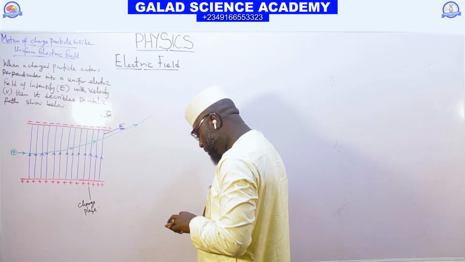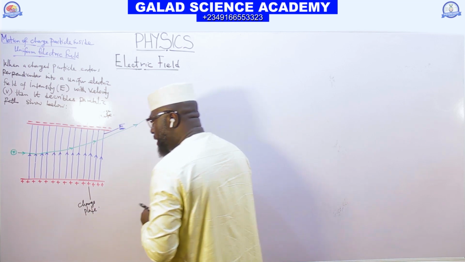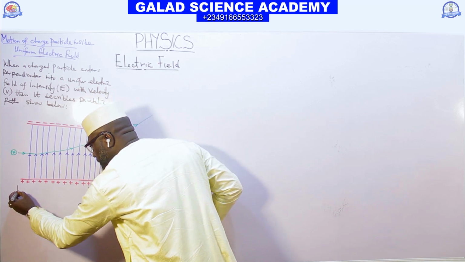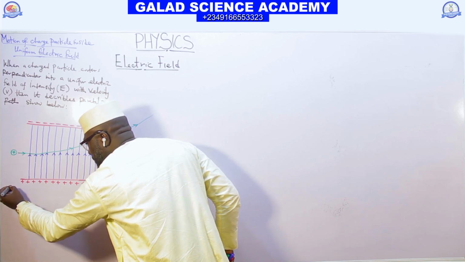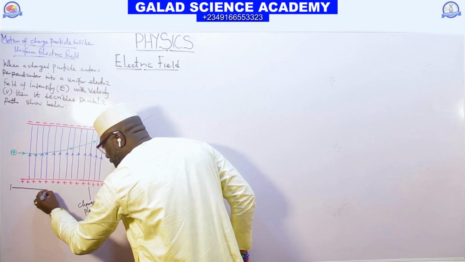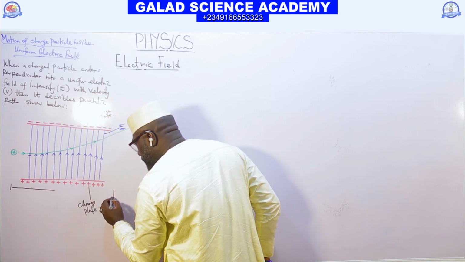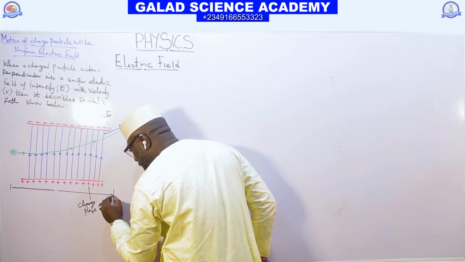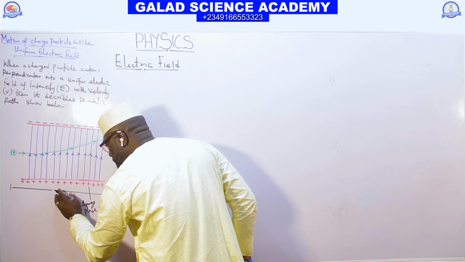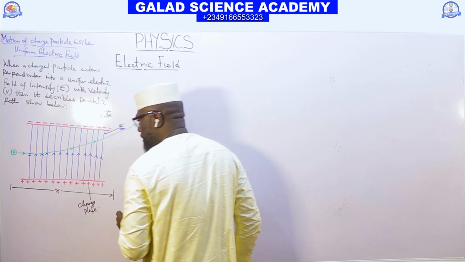The next thing you now do here is you can observe that from here, the point where the charge enters the plate, to this point where the charge is coming out here, we call it the X axis.